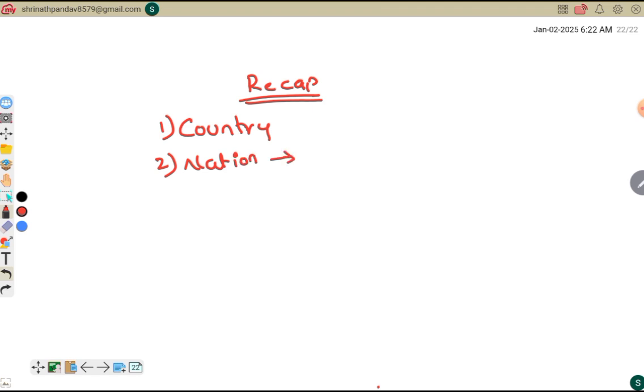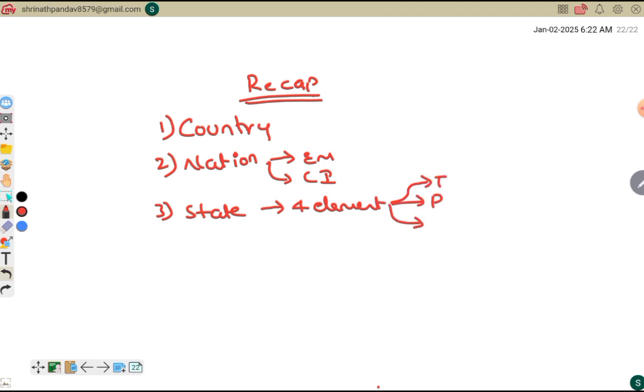Here it is a group of people coming together due to emotions and having a common identity. Then later we have seen the concept of state, where it has four elements, that is territory, population, government, and sovereignty. And this was asked in the UPSC CSE.